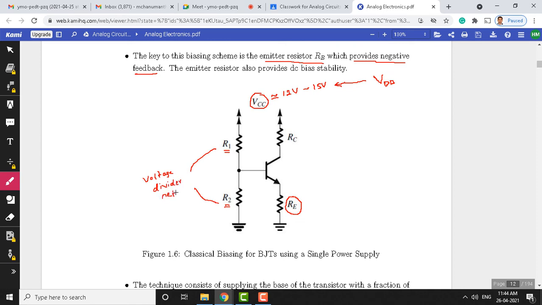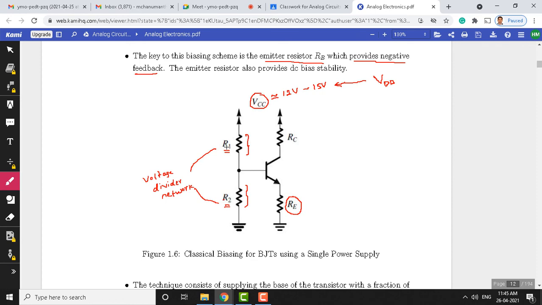What do you mean by voltage divider network? This branch with R1 and R2 takes the supply voltage VCC, and depending on the values of R1 and R2, the drop occurs across them.